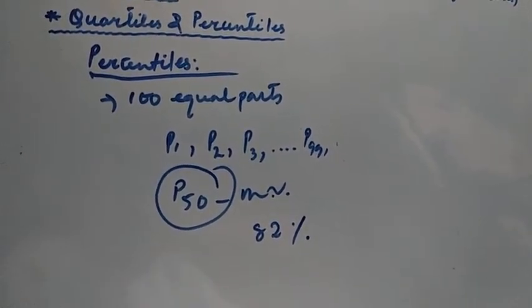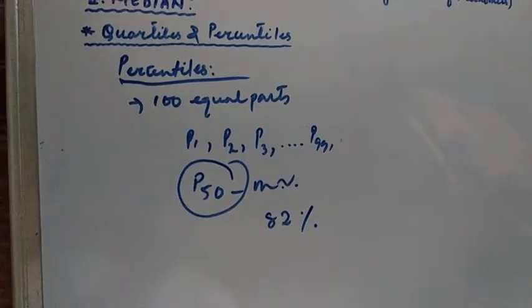So percentiles divide the data into 100 equal parts.